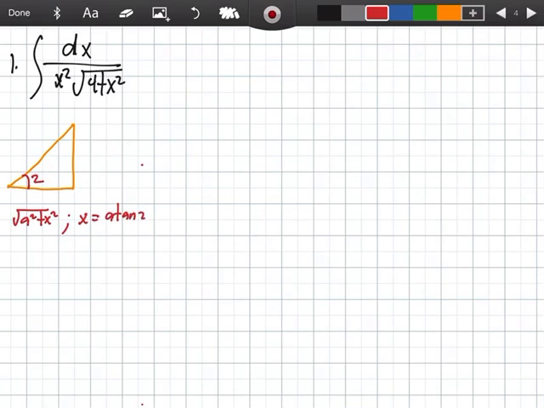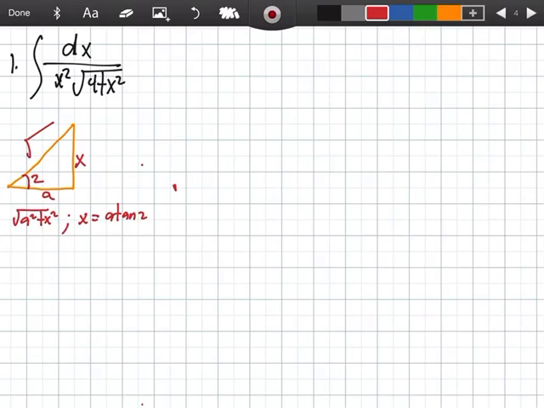So how does that work? If this is z, tan is equal to opposite over adjacent. So this is x, the opposite, and this is our adjacent. And our hypotenuse becomes the square root of x squared plus a squared.